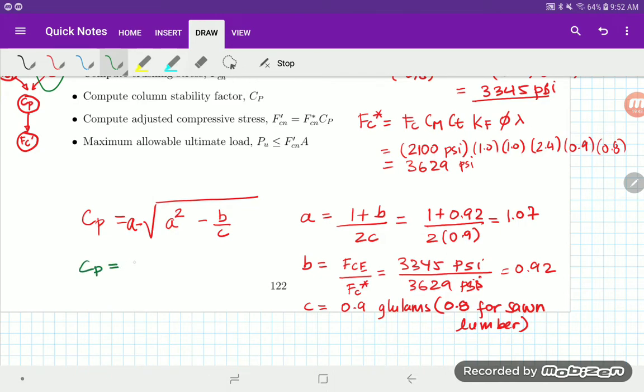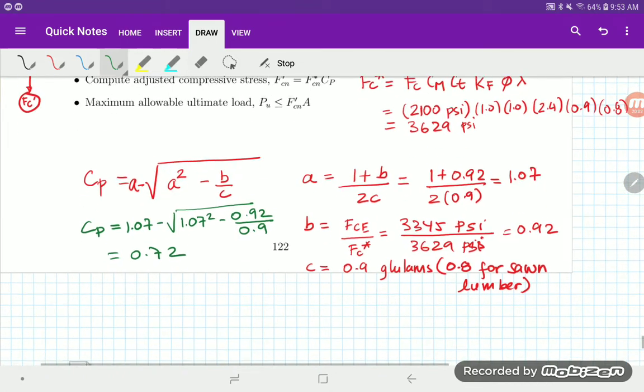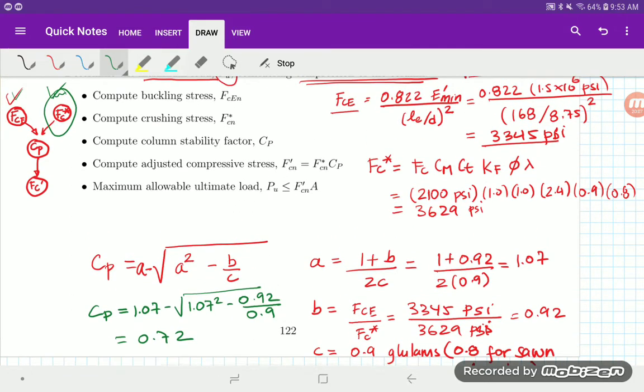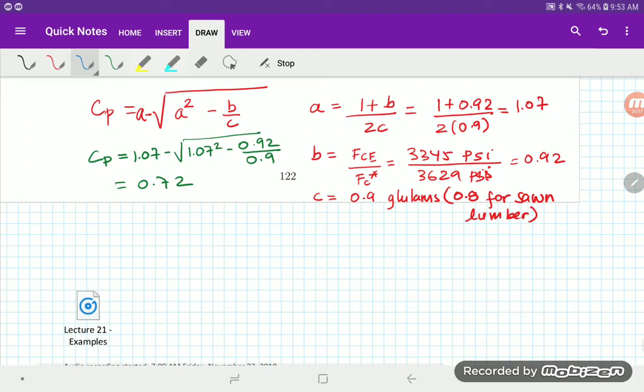Plug all of those here on the left. Now CP is going to be 1.07 minus the square root of 1.07 squared minus B, which is 0.92, divided by C, which is 0.9. That gives me CP of 0.72. Now, if you go back to my little cheat sheet here, I have FC star and CP, so I can compute the actual adjusted value of FC prime.